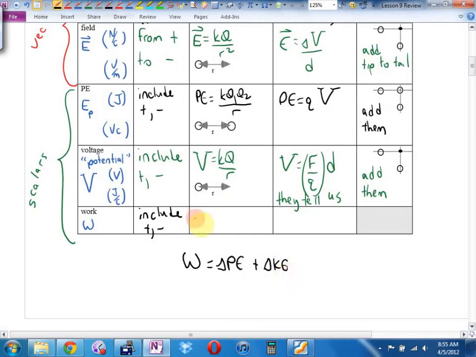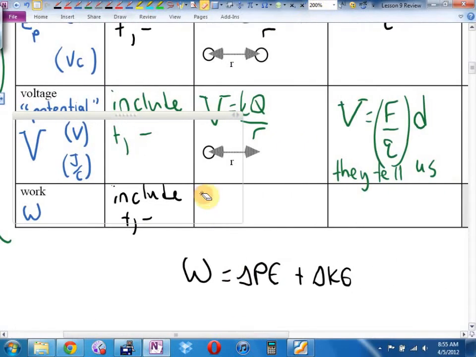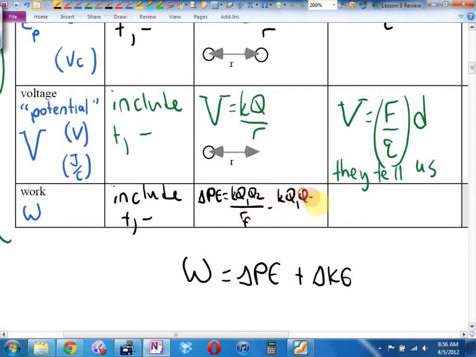But here, for point charges, change in potential is going to be K Q1 Q2 over R final minus K Q1 Q2 over R initial.